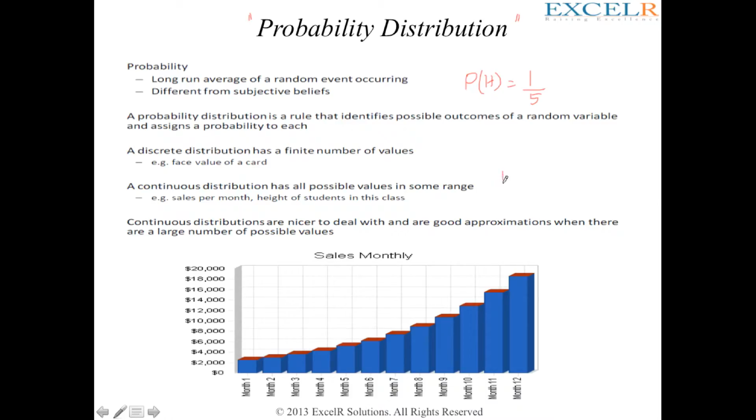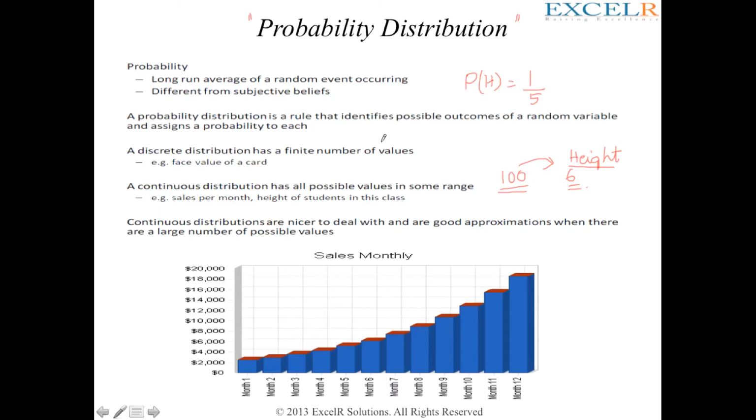Say there are 100 students in a classroom, and if you randomly pick one person, what is the probability that the person's height would be 6 feet? There's a probability associated with it. But when you deal with this event called height, it is a continuous variable. Hence, the underlying probability would be called a continuous probability distribution.